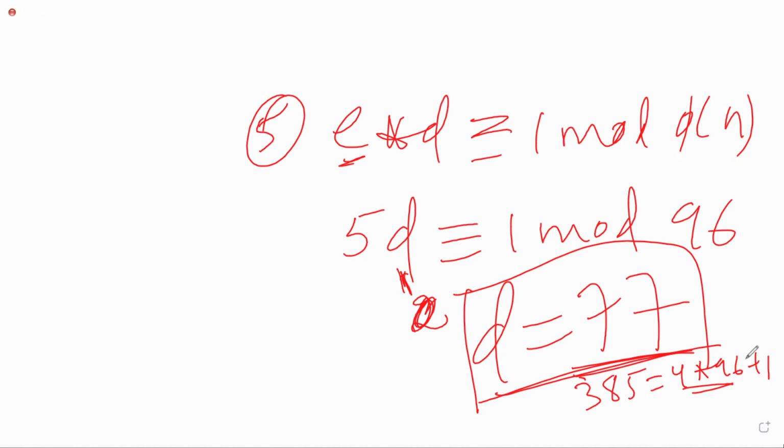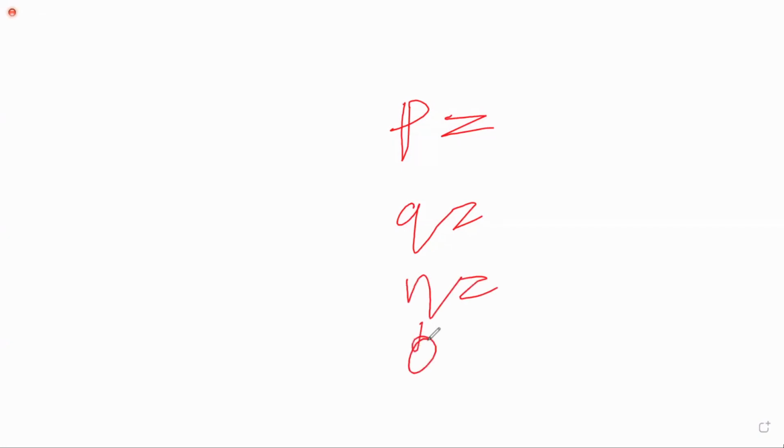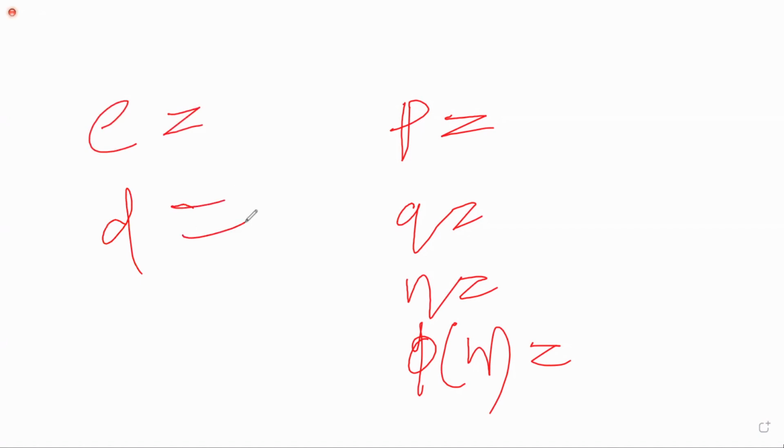After completing these 5 steps, the P value, Q value, N, phi of n value, E value, and D value are as follows.